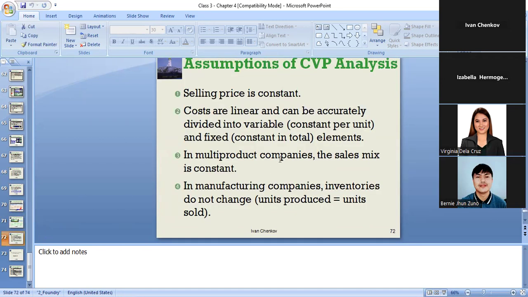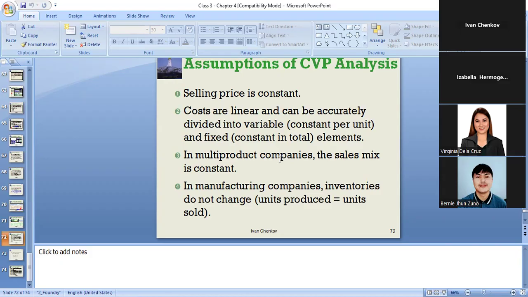The assumptions that we need in order for all of this to work are, first, the sales price always stays the same. Second, the variable cost per unit always stays the same. Costs are linear, which means variable costs behave as variable costs: per unit never changes, and in total they increase with the number of units.